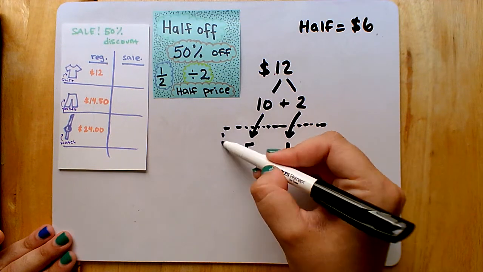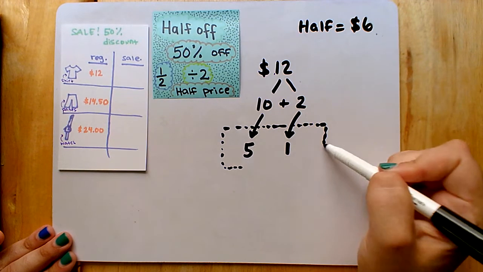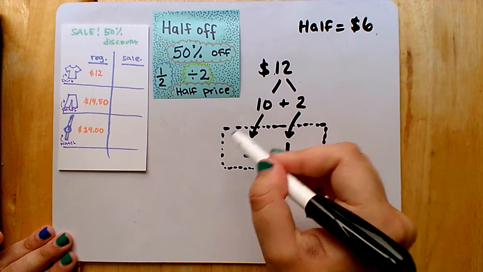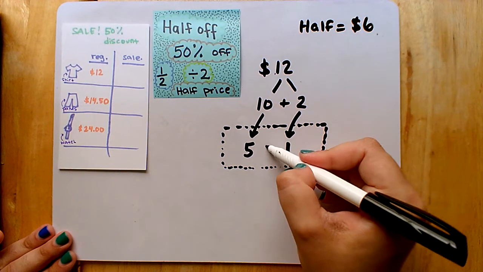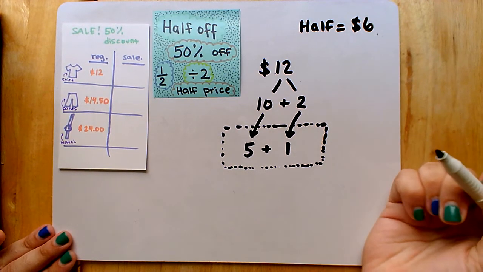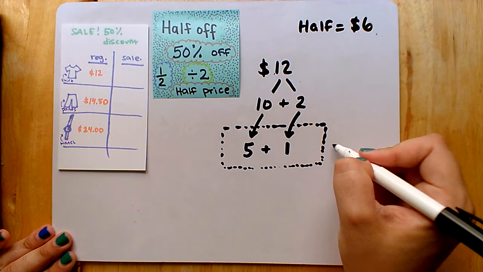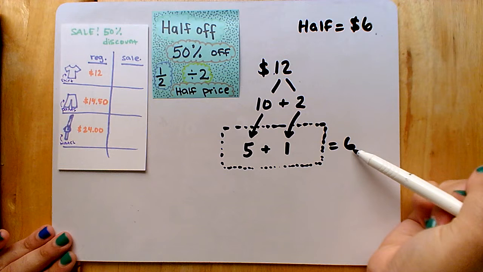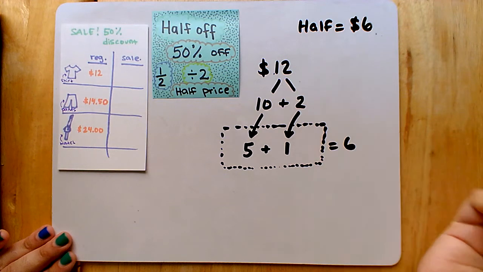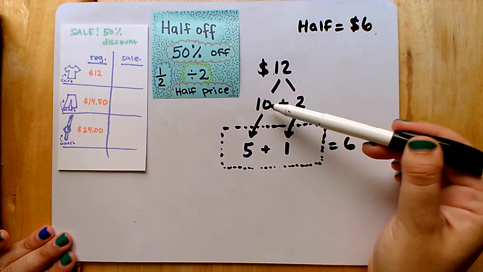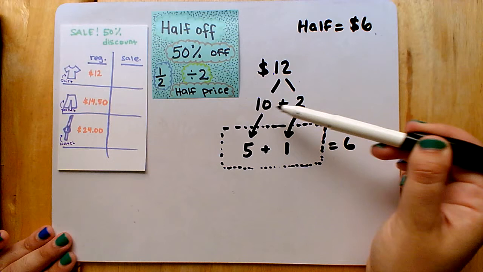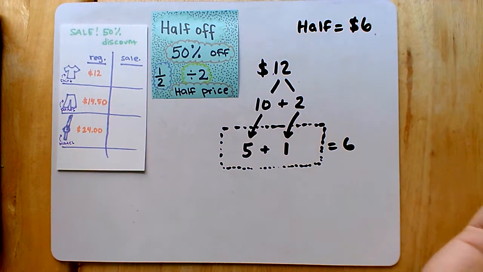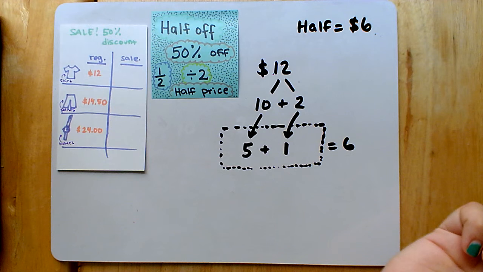Anything under this dotted line inside this box is all the parts that will come together to make half of 12. In this case, we have 5 and we have 1. Well, that's just 6. 6 is half of 12. And we found it by breaking up 12 into parts that were a little bit easier for us to find half of. Okay, let me write this answer in.